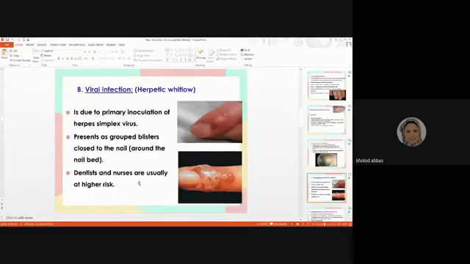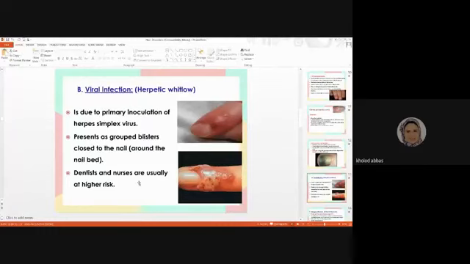That was a bacterial infection. Now we start viral infection. As an example of viral infection, we have herpes simplex virus infection. It could occur as a primary inoculation of herpes simplex virus, a condition we call herpetic whitlow, characterized by a group of vesicles or small blisters found on the nail or around the nail bed.